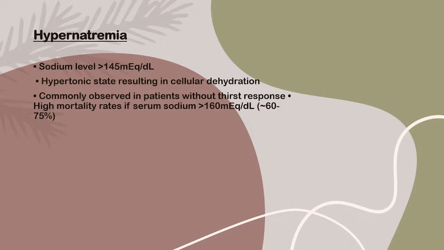Now we will talk about hypernatremia. As the name depicts, hyper is more, natremia is sodium, so the sodium level would be more than 145. Normal is 135 to 145. Less than 135 is hyponatremia, more than 145 is hypernatremia. It is a hypertonic state resulting in cellular dehydration, and commonly it is observed in patients without thirst response.